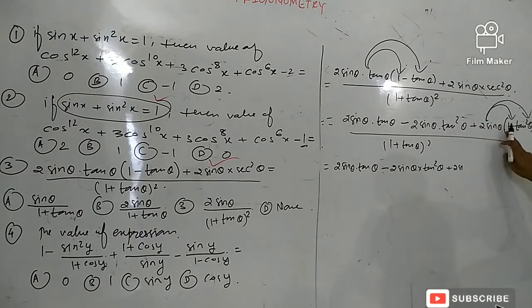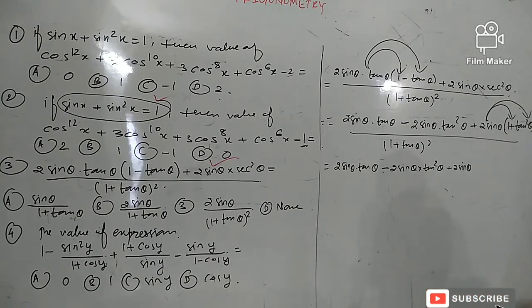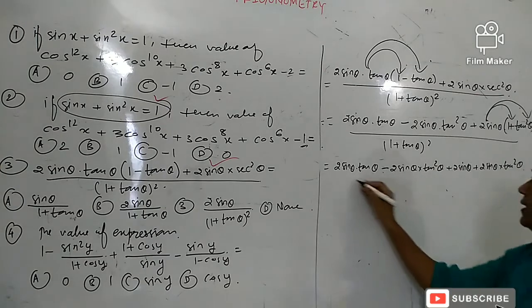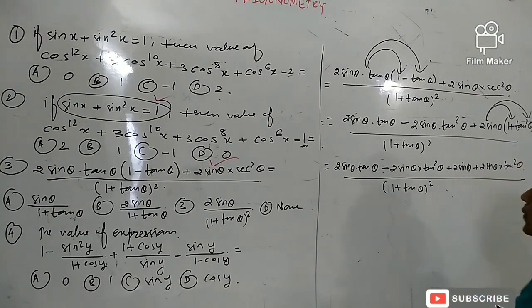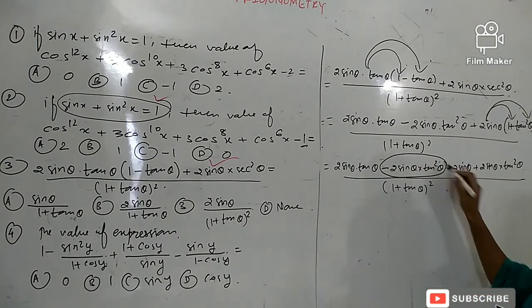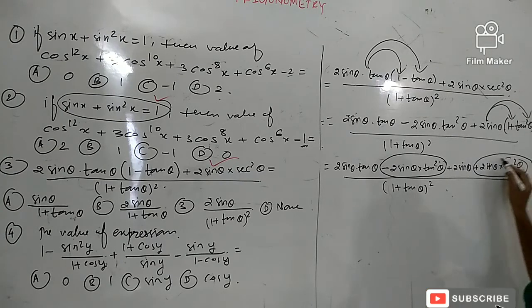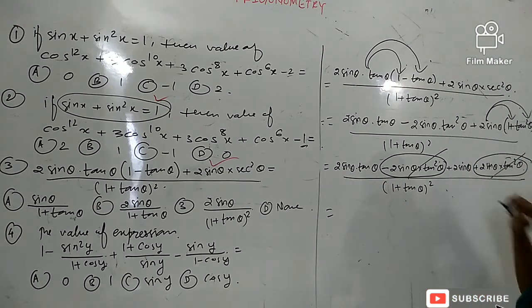It gets multiplied first to the 1, so 2 sin theta into 1 is 2 sin theta, plus the second term, 2 sin theta into tan square theta, dividing by 1 plus tan theta whole square. The same negative term and the same positive term get cancelled. What remains is 2 sin theta tan theta plus 2 sin theta.